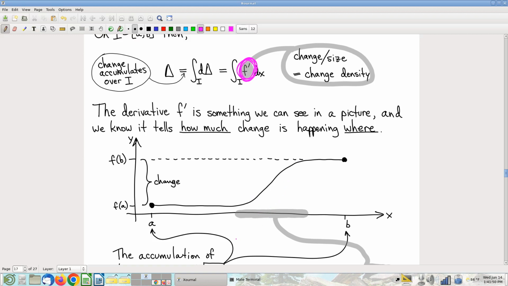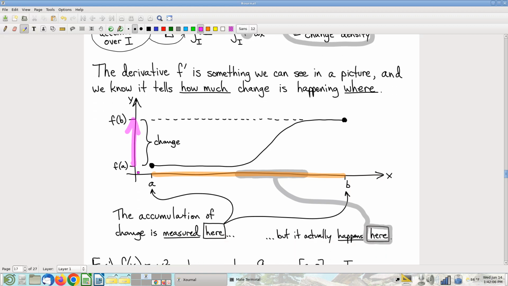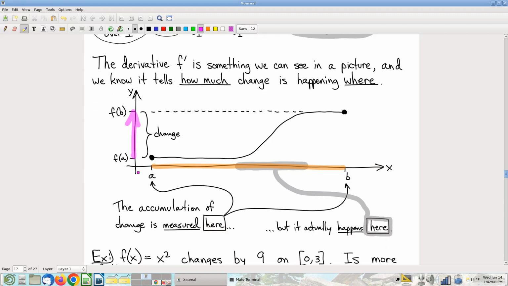If I were to look at this overall picture and say, okay, for this entire interval, over the course of that entire interval, there was a grand total of that amount of change. That amount of change I measure by looking at the starting value and the ending value. So I measure that change by looking at the endpoints.